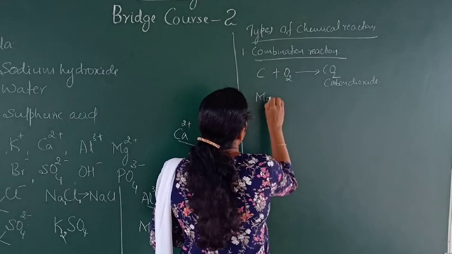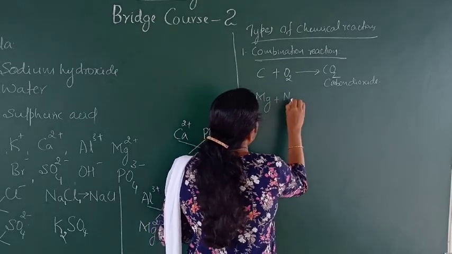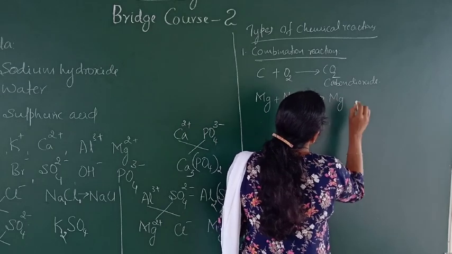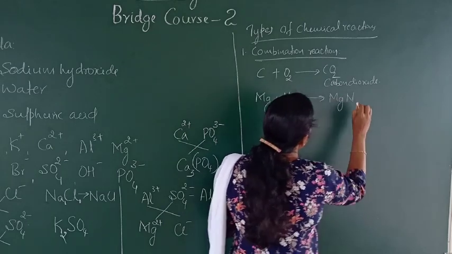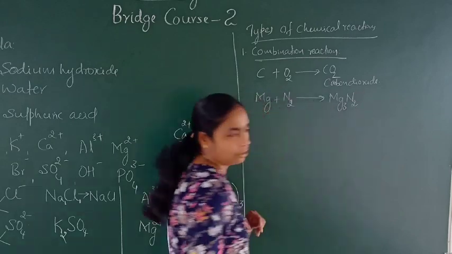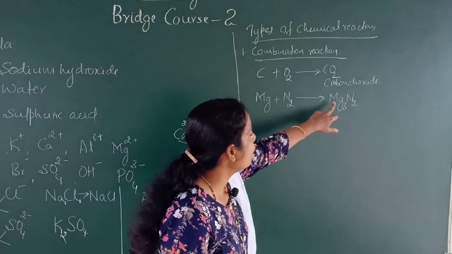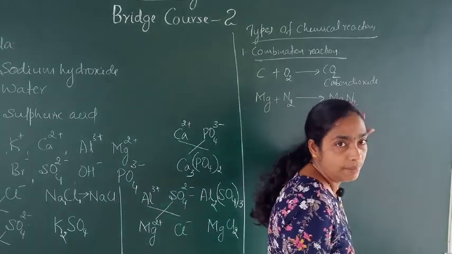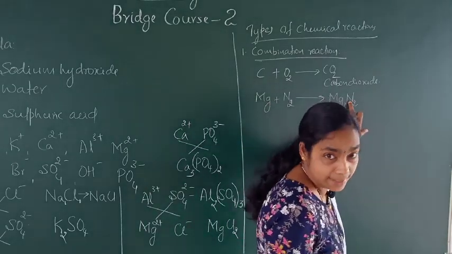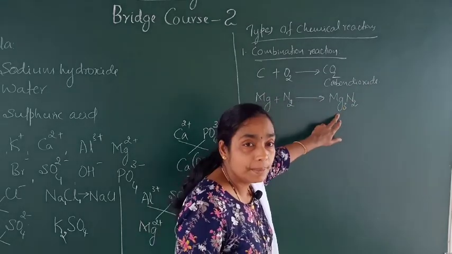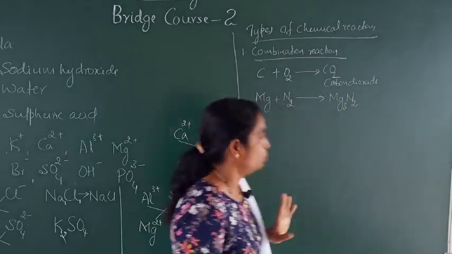Next, magnesium reacts with nitrogen giving rise to magnesium nitride. The formula of magnesium nitride is Mg3N2 because the valency of magnesium is +2, valency of nitrogen in magnesium nitride is -3. Therefore, the formula of magnesium nitride is Mg3N2.